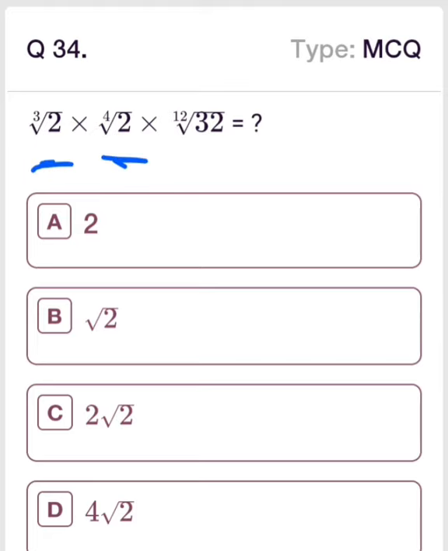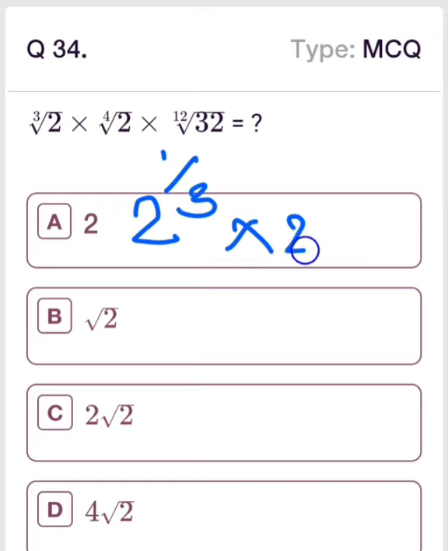This is 2 power 1 upon 4. This is 32 power 1 upon 12. So what to do? When the base is the same, I am writing like this: 2 power 1 by 3 into 2 power 1 by 4, and this is what, 32.